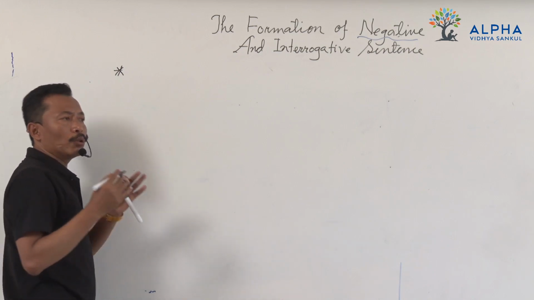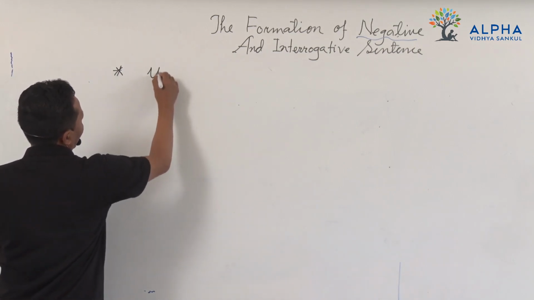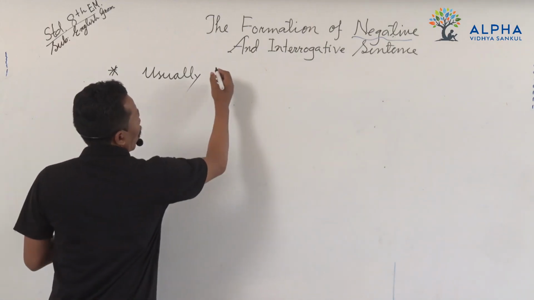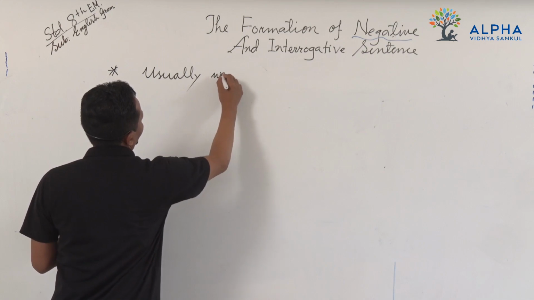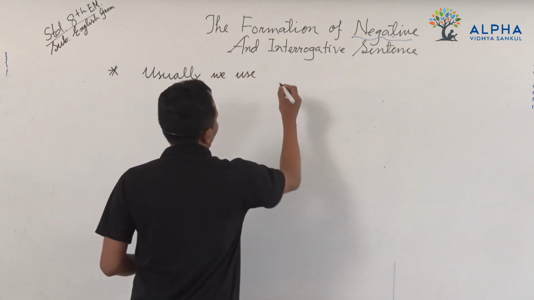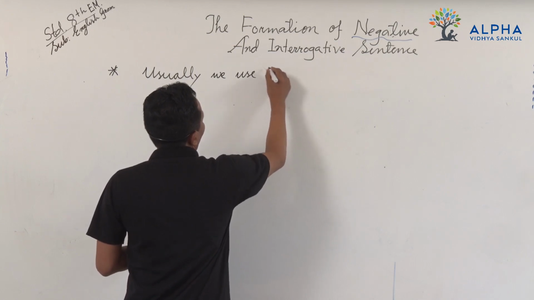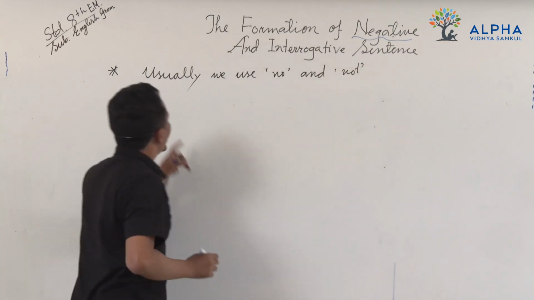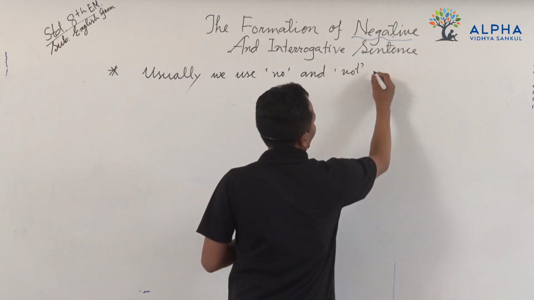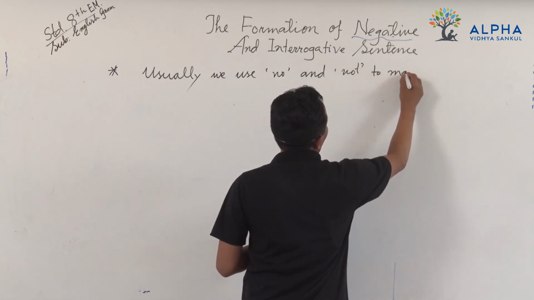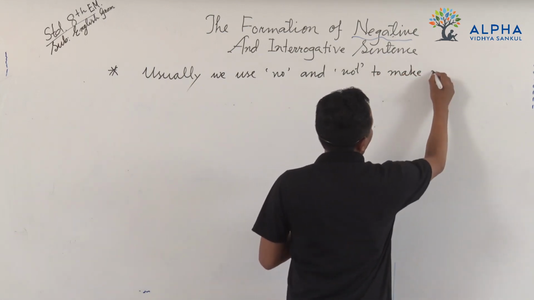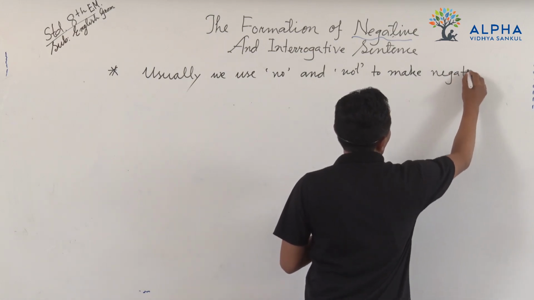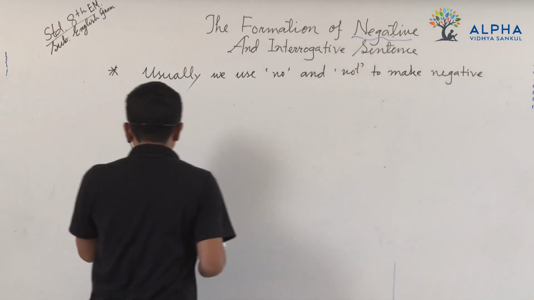From affirmative sentence to negative, usually by keeping no and not. Usually we use no or not to make negative sentences.